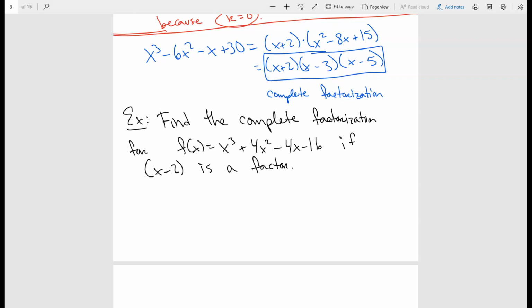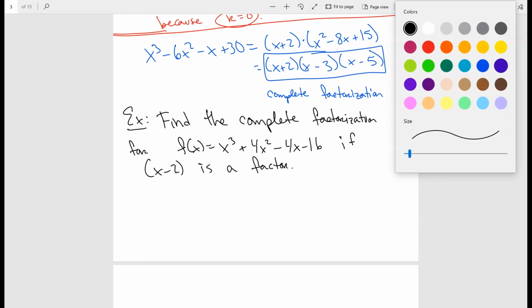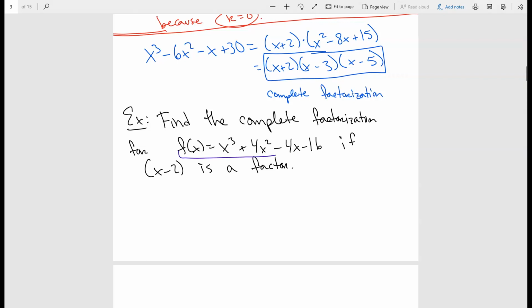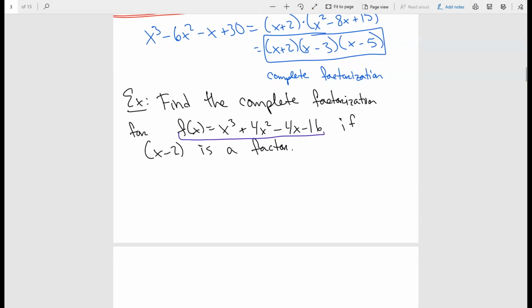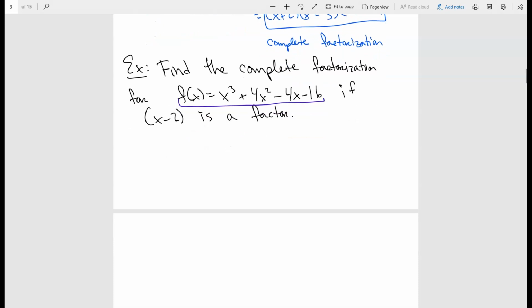So even if you can try to factor this guy, which actually you can factor by grouping, let's just try to use the complete factorization of what we just learned. So we're going to start off by synthetic division. So getting the coefficients will be 1, 4, -4, -16.